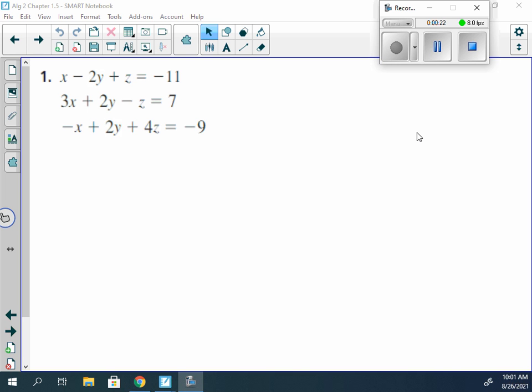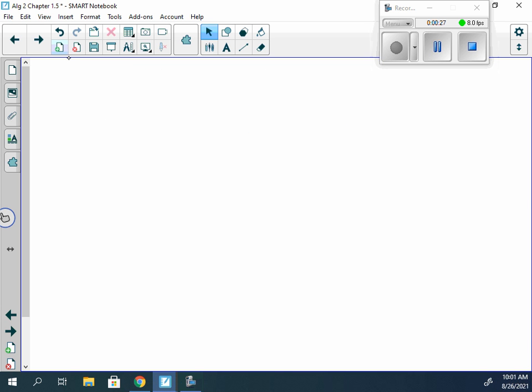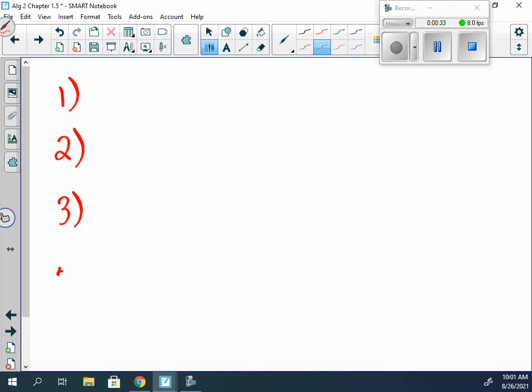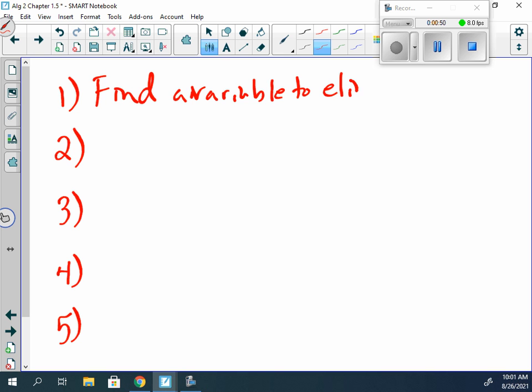We're on. So, back one. So we had several steps yesterday. Now, our first main step was to find a variable to eliminate.